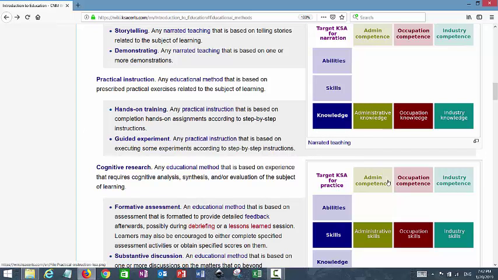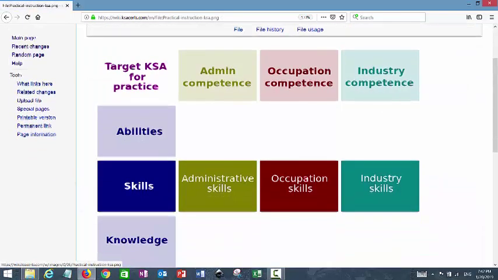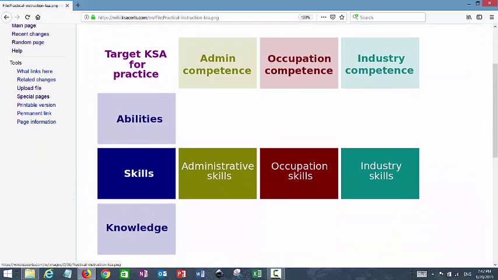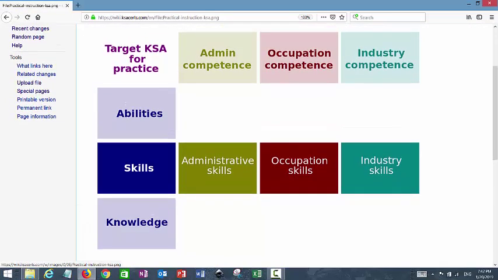Let's take a look at the target knowledge, skills, and abilities for this type of educational methods. It targets primarily skills. Of course, it can be combined with knowledge or maybe abilities further, but mostly it targets skills. It's supposed to give you some feeling of how it feels to be a coder.